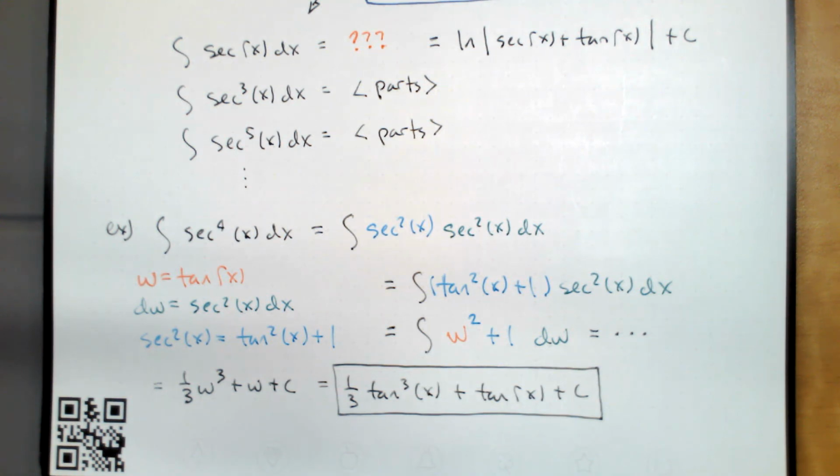So the next thing that we need to learn how to do is integrate secant cubed x, but it's parts. Remember when thinking about parts, the primary question in parts is that dv must be something that you can integrate. If I have 3 factors of secant, I could make the dv 1 factor of secant, but then the v is going to be natural log of secant x plus tangent x.